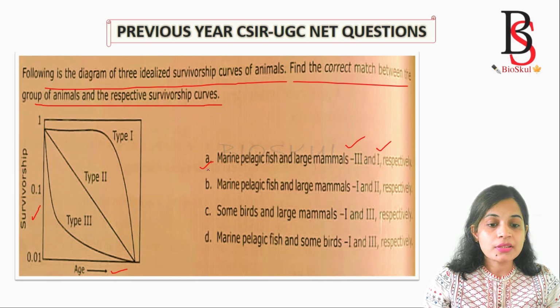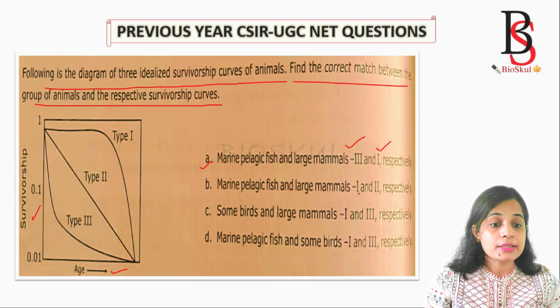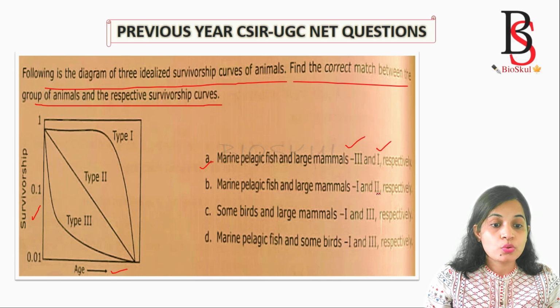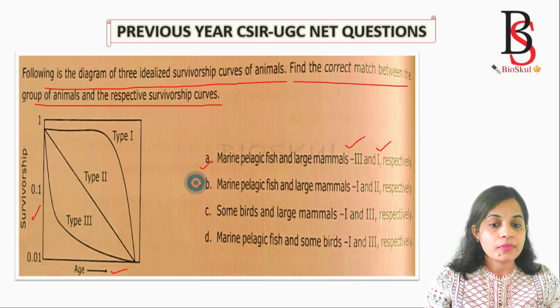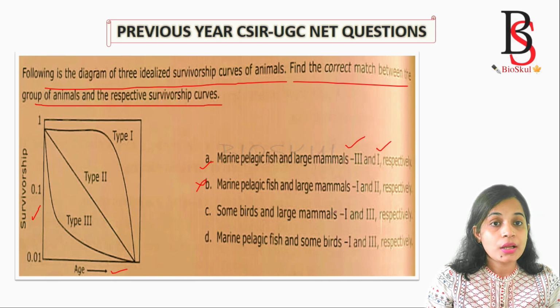Let's see other options. Marine pelagic fish and large mammals having 1 and 2 respectively. No, it's wrong. Some birds and large mammals having 1 and 3 types of survivorship curves. Birds show the type 2 survivorship curve, whereas mammals show type 1.